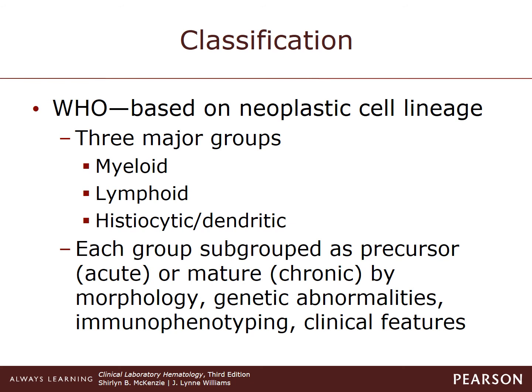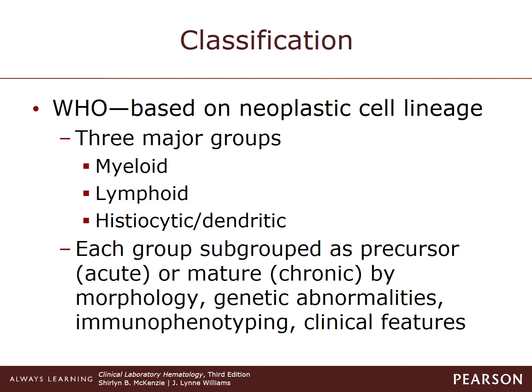The World Health Organization has based and classified the lineages of neoplastic cells into three major groups, either myeloid, lymphoid, or histiocytic and dendritic. We are going to focus mostly on the myeloid and lymphoid lineages. Now, why are we classifying these types of leukemias? Because first, they provide clinicians and researchers a way to study and compare various types of therapies.